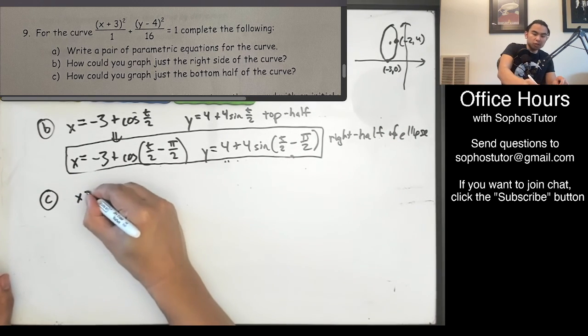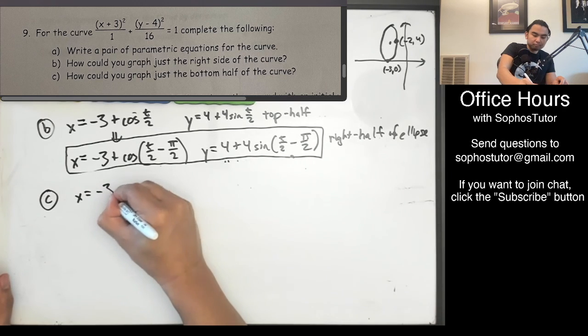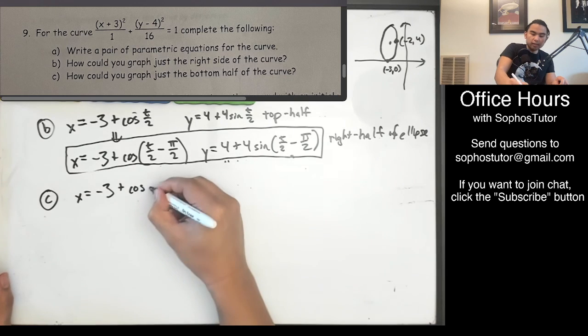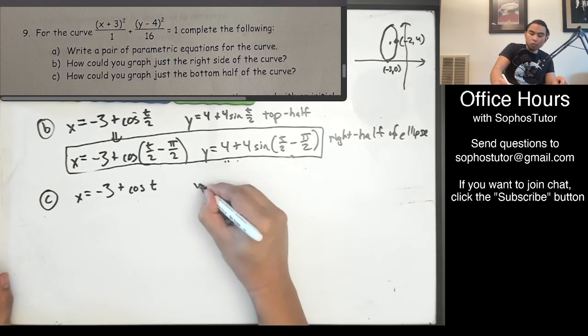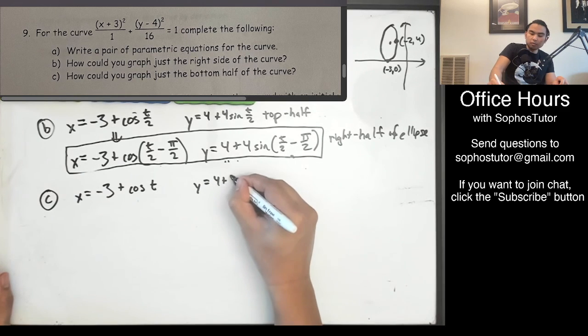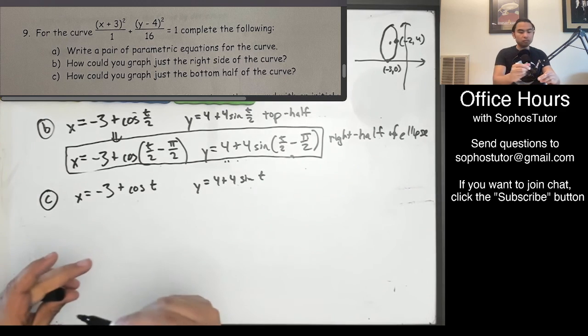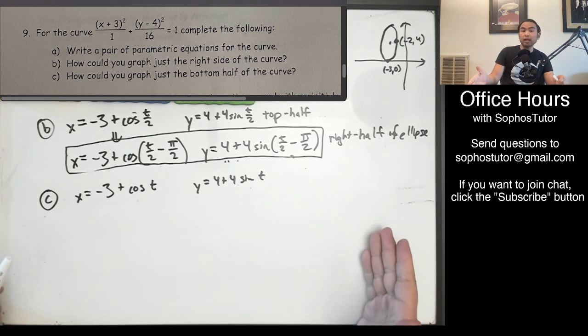Remember that the original parametric equation we had was x equals negative 3 plus cosine of t, and y was equal to 4 plus 4 sine of t. Okay, so we're going to follow those two steps again.